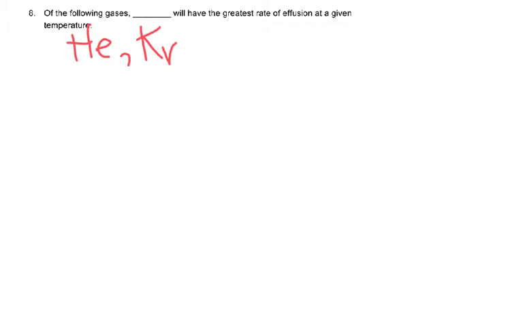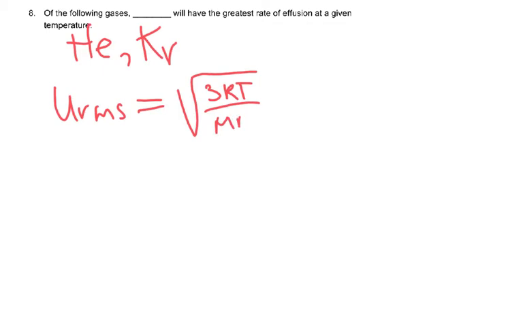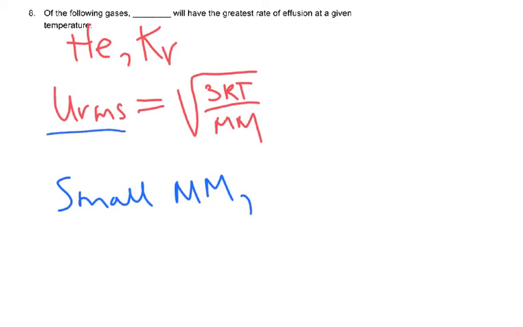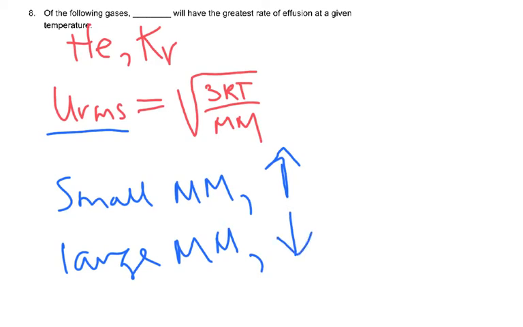So remember from the equation that we just wrote that the root mean squared velocity is equal to the square root of 3RT over the molar mass. So as the molar mass gets smaller, the velocity is going to be greater. And with a large molar mass, the velocity will be less.